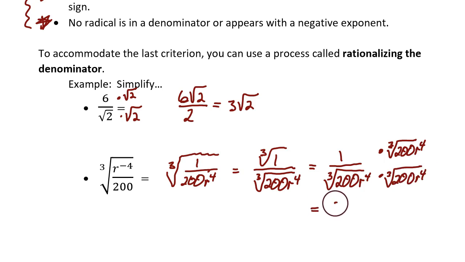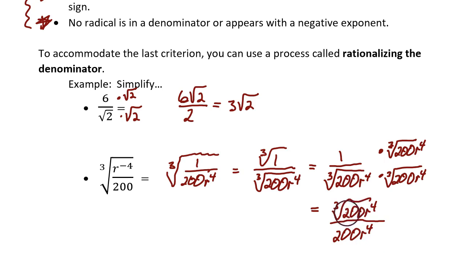This will equal the cube root of 200r to the fourth power, over 200r to the fourth power. Is it done now? Let's run through the rules. We no longer have a fraction under a radical. We no longer have a radical in the denominator.